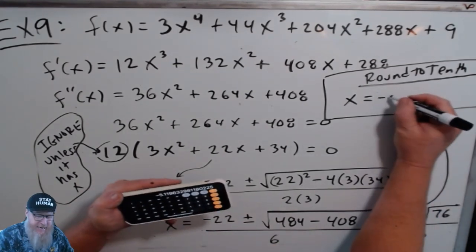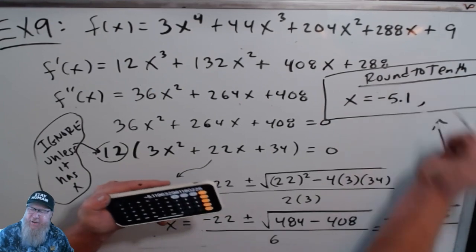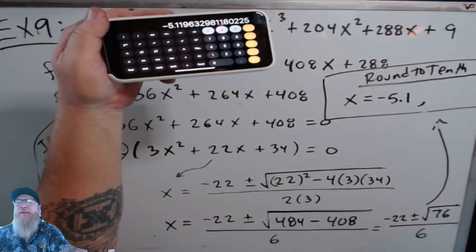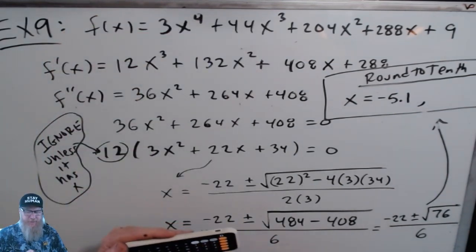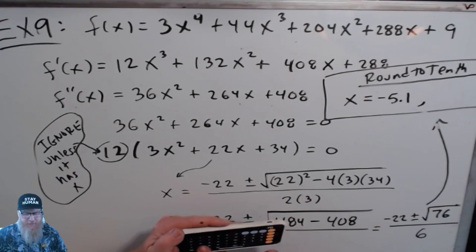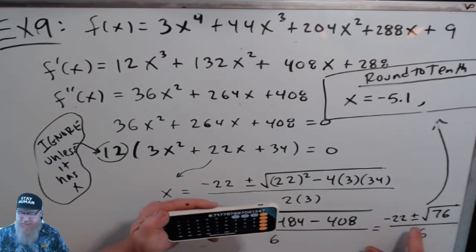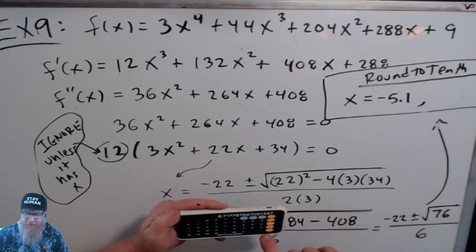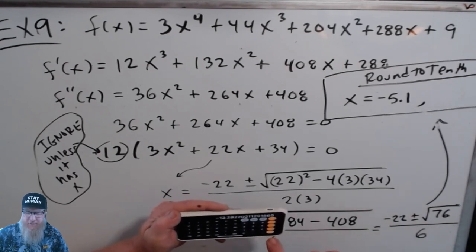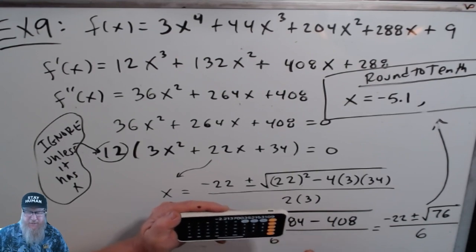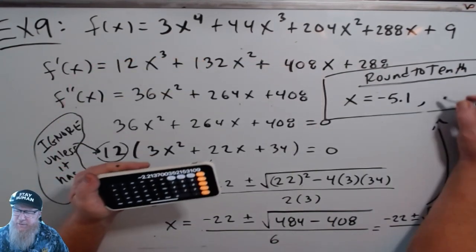So I'm going to get negative 5.1. That's one of them. I've rounded it to 1 decimal. And then the other one, square root of 76 minus 22, divided by 6, is negative 2.2.